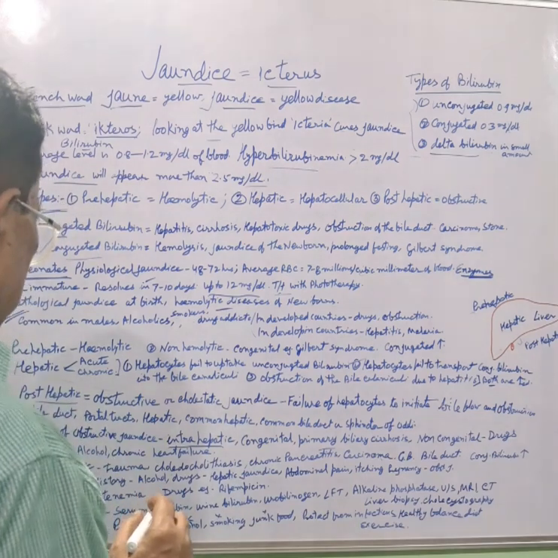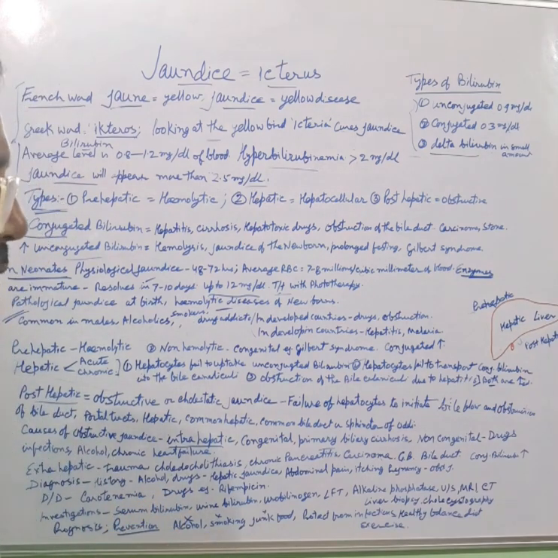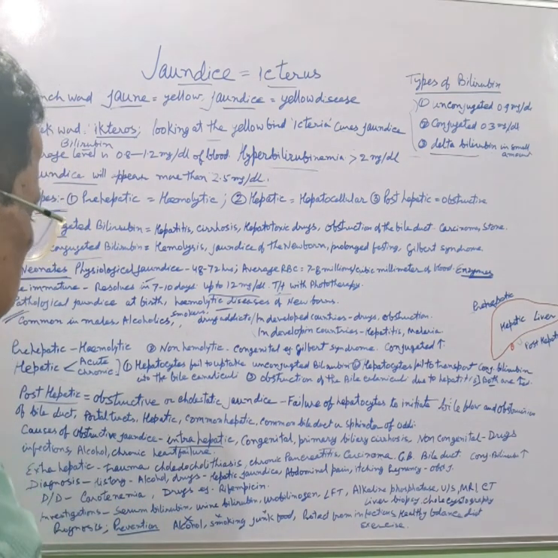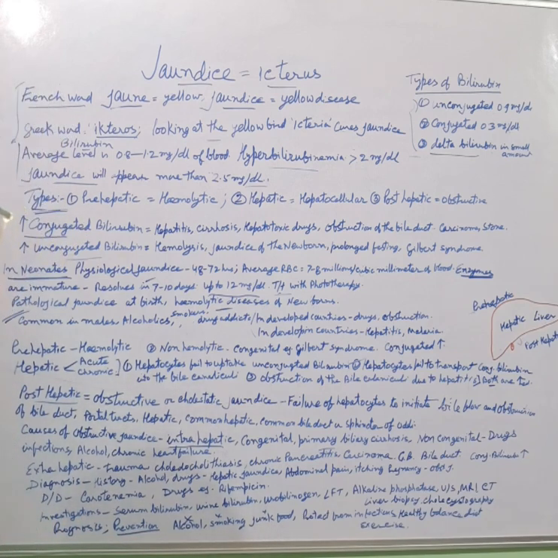Then diagnosis. How is it diagnosed? History of alcohol, drugs, etc., and examinations. Investigations: serum bilirubin level is raised.